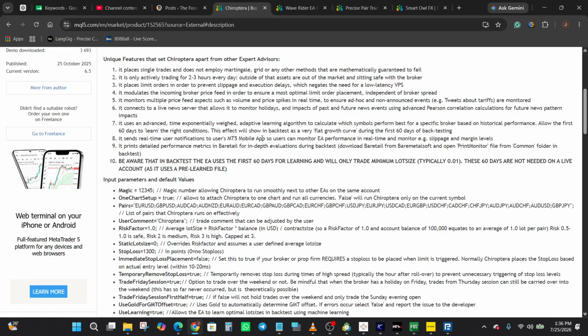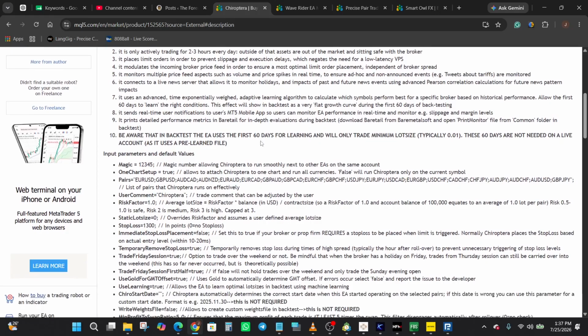Now, there is a live news server connection used to model holiday and news impact using correlation based calculations, and it sends real-time push notifications to the MT5 mobile app so you can track things like slippage and margin level as they happen.